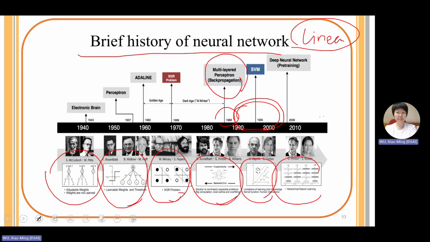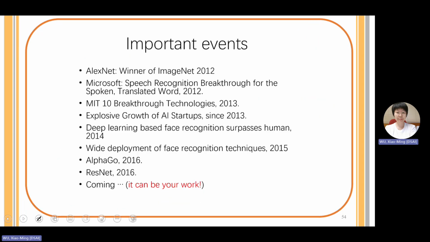But when we entered the 21st century with more data and more compute, and a series of milestone events, we uncovered the potential of neural networks.